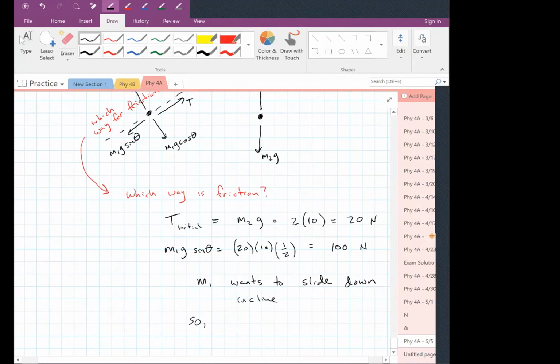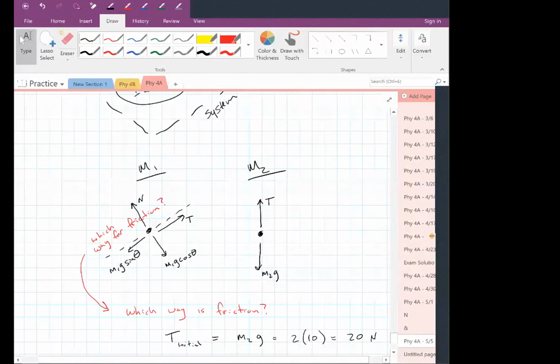So the friction force has to be up the incline. So I can come back up here now and draw in my friction force. We okay with that?